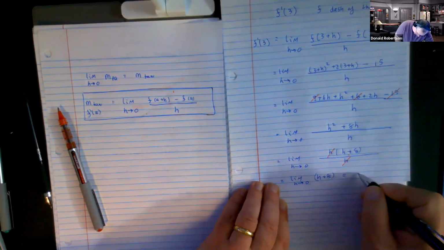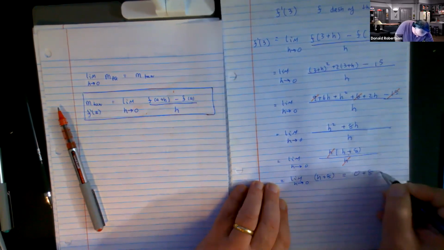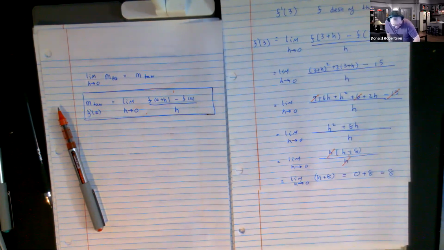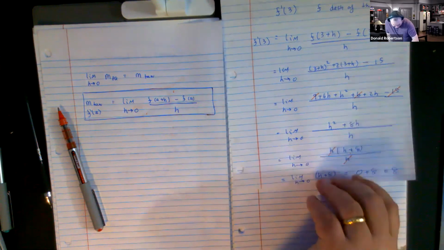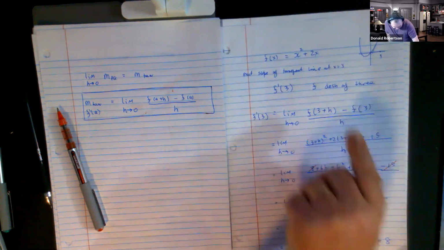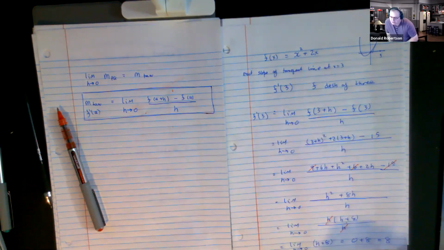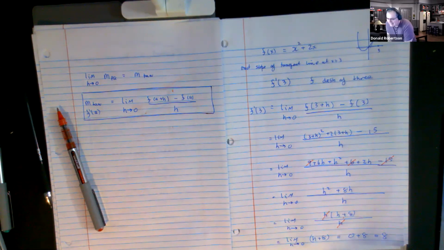Wait a minute, that's just 0 plus 8. That is 8. I can now tell you the exact value for the slope of the tangent line on this curve at x equals 3. That answer is, the exact value is 8.